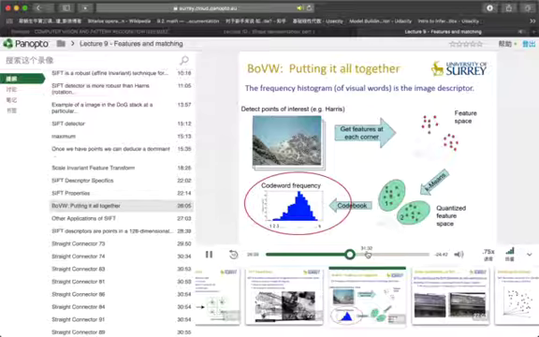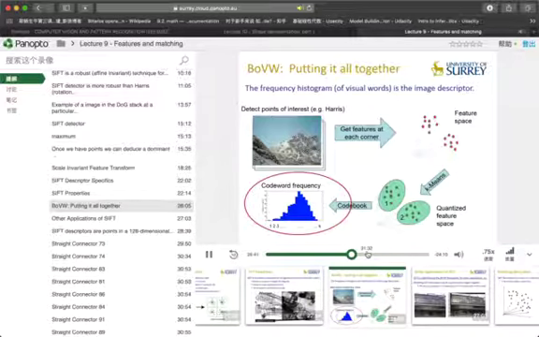Okay, so then just plugging that into this framework, just referring back to bag of visual words, the process then is to detect these key points. We would run some form of interest point detector, which would be either the Harris corner detector or the SIFT detector potentially, although we haven't gone into too much detail on how the SIFT detector works on this course. And then local to those interest points, we extract from a window local to each of those points the SIFT descriptor, which is this kind of generalization of the edge orientation histogram.